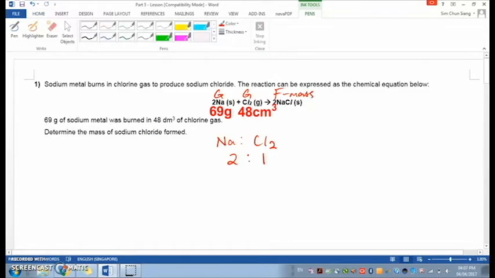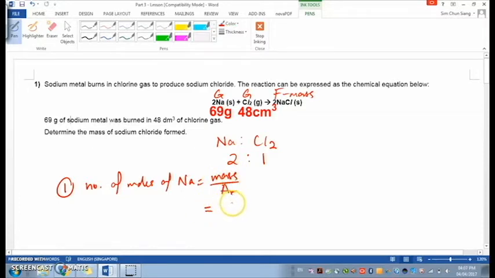Since I'm given 69 grams of sodium metal, to calculate the number of moles, I should use the formula number of moles equals mass over Ar. The atomic mass of sodium is 23, so the number of moles of sodium will be equal to 69 over 23. And this gives us 3 moles.